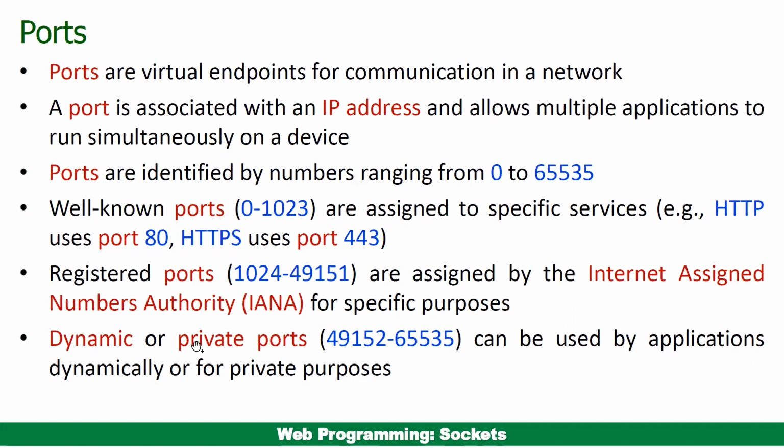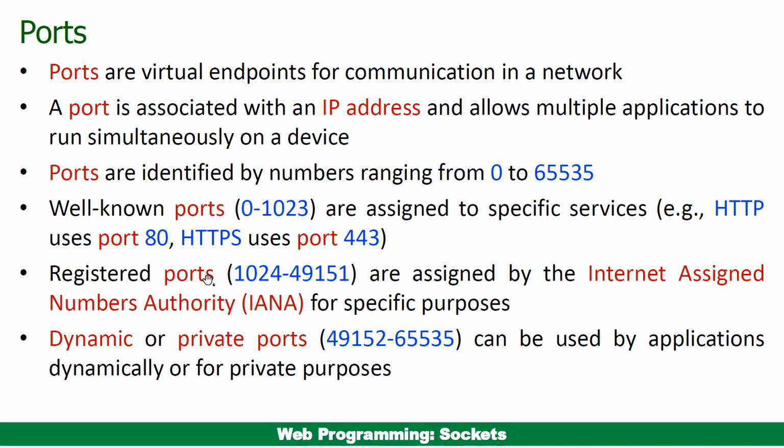Then the next category is dynamic or private ports, which start from 49152 to 65535. These can be used for applications dynamically or for private purposes. Here, first you can see 0 to 1023 is one category that is well known, which are assigned to specific services like HTTP, HTTPS.